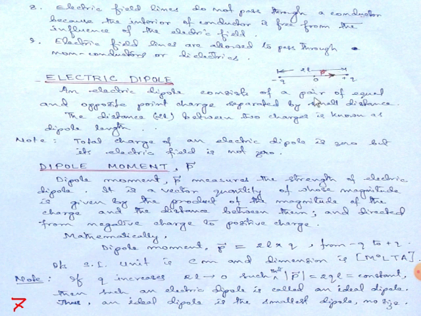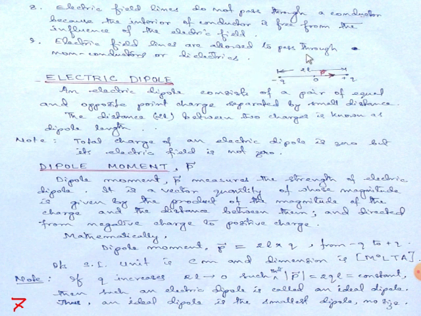Got it? Total charge of an electric dipole is 0, but its electric field is not 0. Total charge 0 means what? Minus Q plus plus Q means it will neutralize. Total charge is 0, but the electric field is not 0.